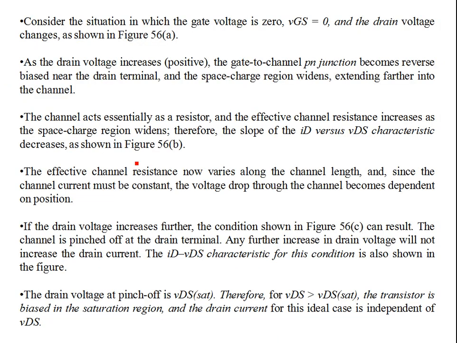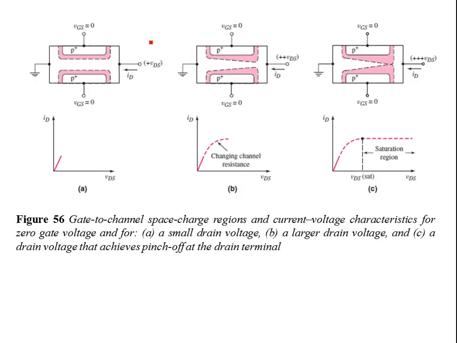Let's consider another situation in which the gate voltage is 0 and the drain current changes as shown in 5.6A. In figure 5.6A, for small VDS, ID increases linearly, which is expected. We have VGS set to 0 in all three figures, A, B, C of figure 5.6.